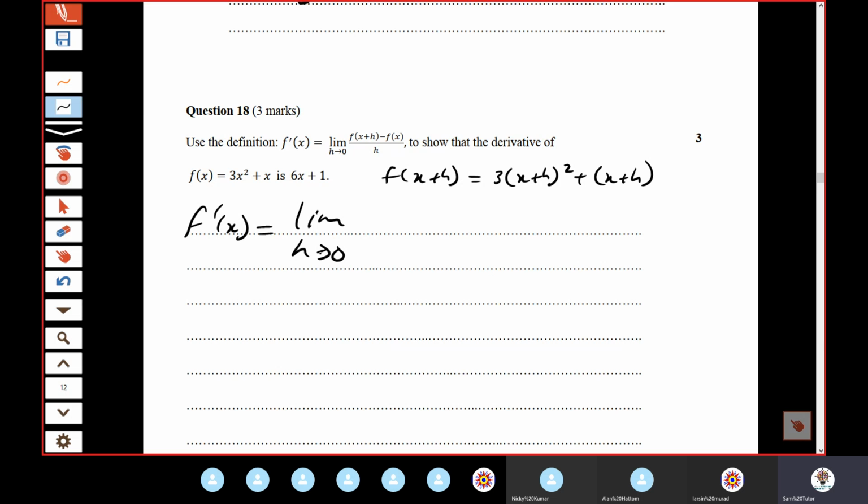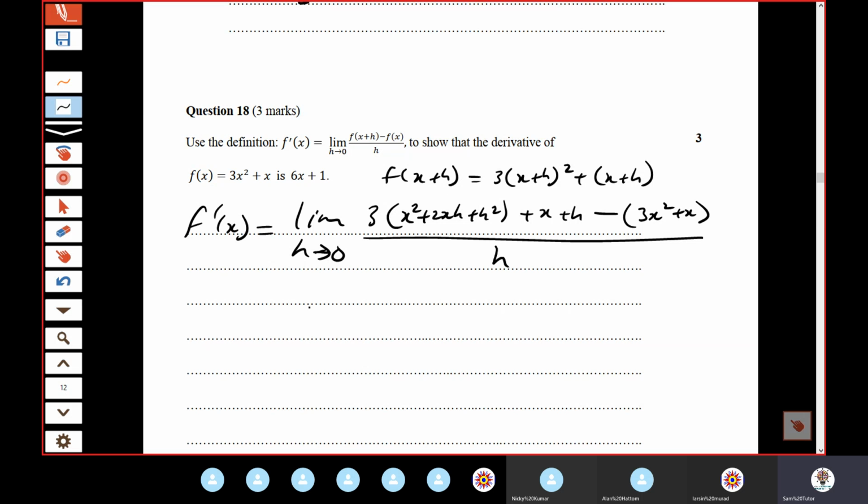So limit as h approaches 0, f of x plus h, which is this whole thing. But what I like to do is expand it while I'm here. Otherwise I'm just wasting steps. Minus f of x. f of x is this original question. All over h.